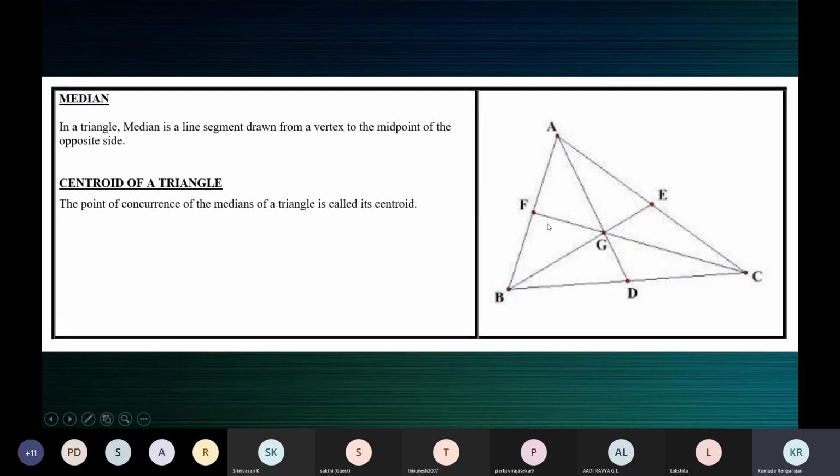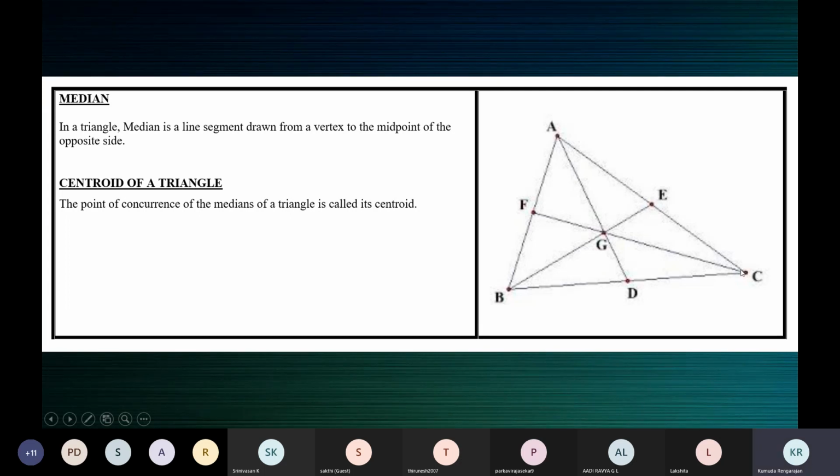So it's always 2 parts from the vertex to the centroid, and from the centroid to the midpoint, 1 part. Always like that.